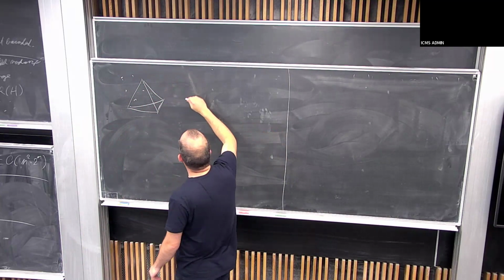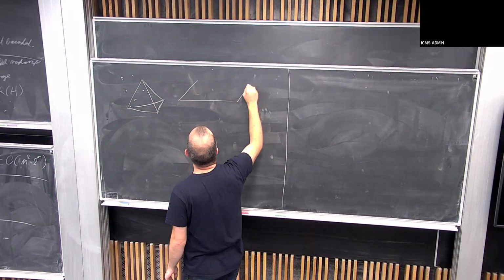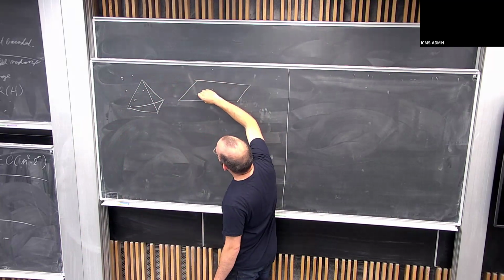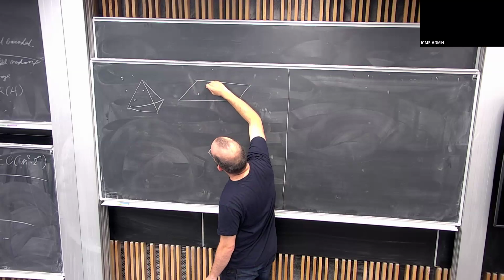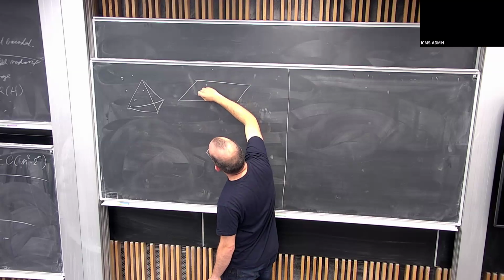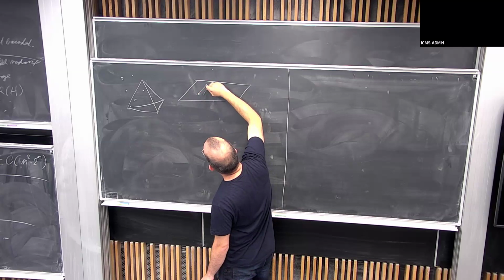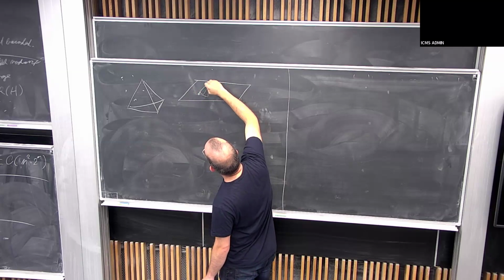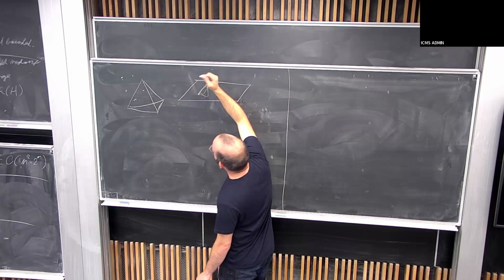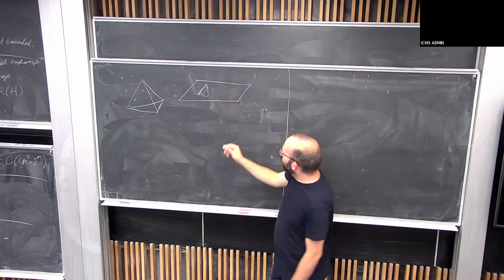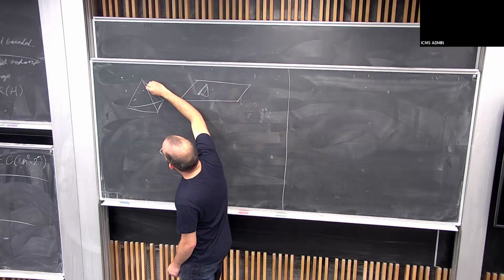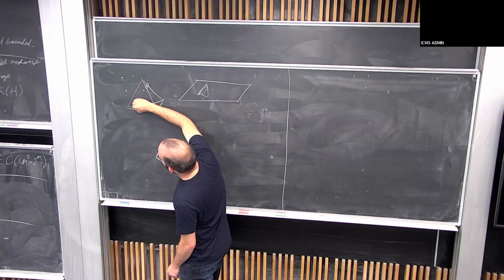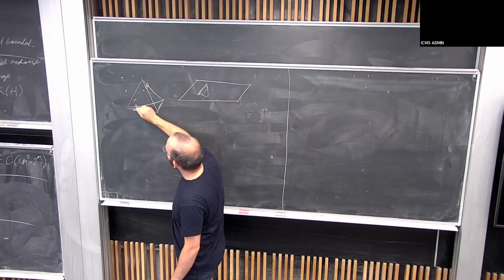Here's something interesting. If you have a plane, you can place your tetrahedron so that the intersection of the tetrahedron and the plane is a rectangle. So I cut it through these 4 points. Okay, this is a rectangle.